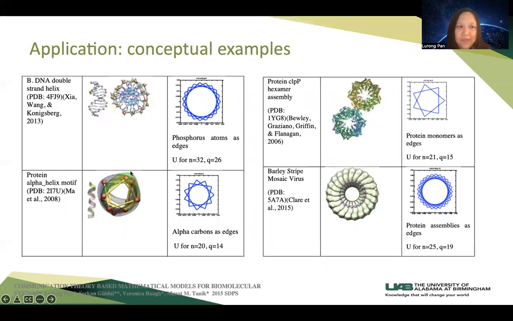And when you scale up, you can see that we conceptually modeled different biomolecules such as DNA, protein fragments, a whole protein assembly, and a whole virus. We can also find the internal patterns of how they assemble using the same U matrix with different parameters.